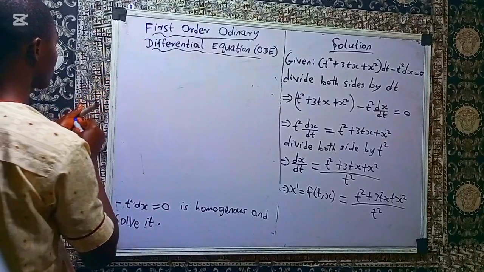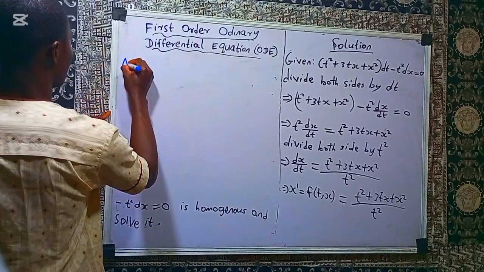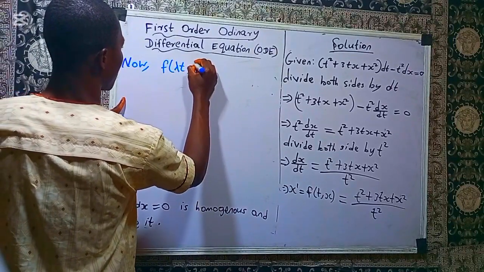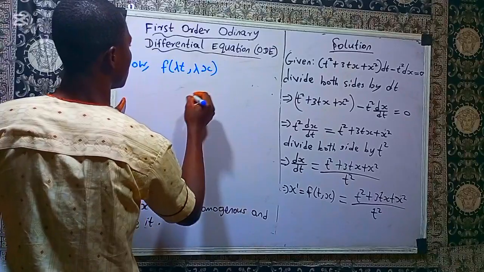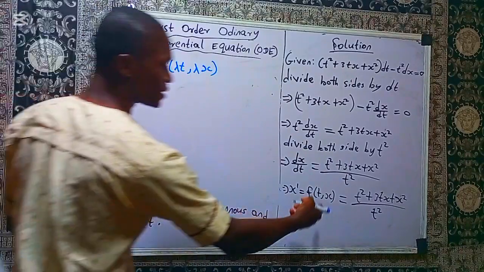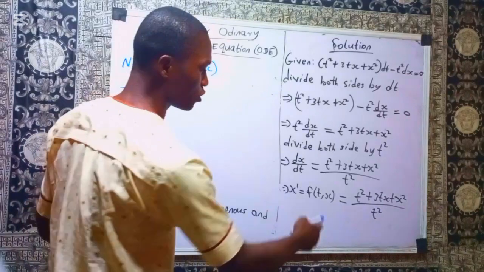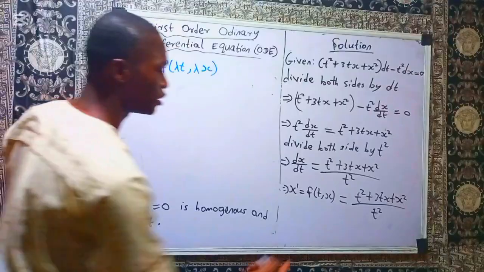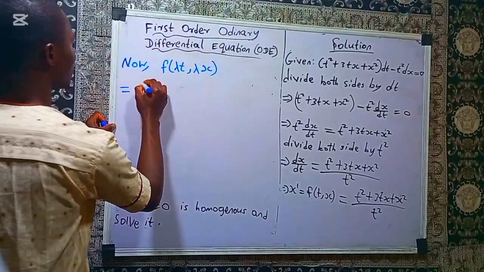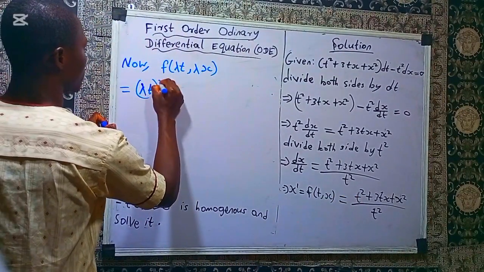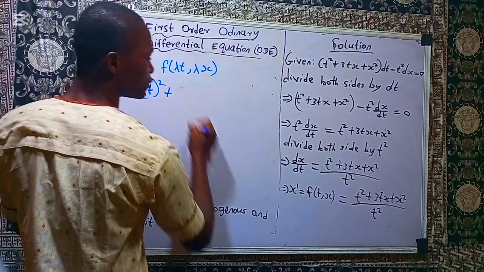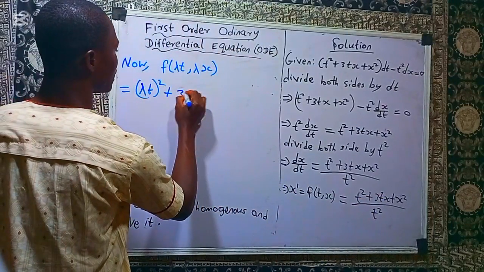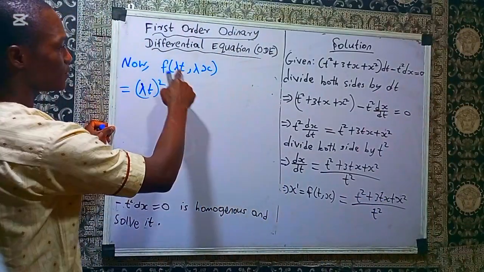Let's do that one and see what it will give us. Now, f at lambda t comma lambda x equals, so this f at lambda t means in this f of t comma x, replace t with lambda t. So instead of t squared it will be lambda t all squared. Plus, instead of 3t, what we are going to have is 3, you are going to replace that t with lambda t.